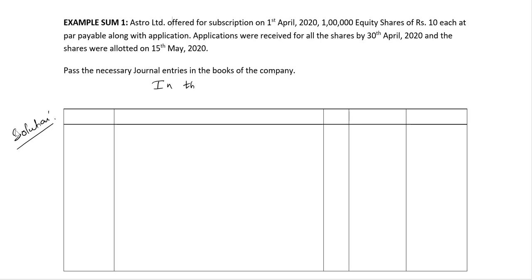In the books of Astro Limited, journal. First column is for date, next column for particulars, LF number, debit rupees and credit rupees.